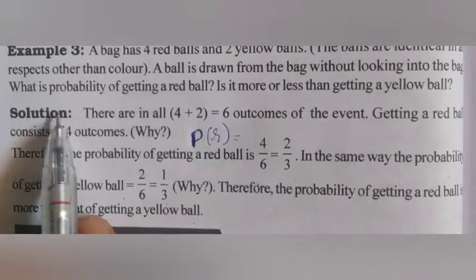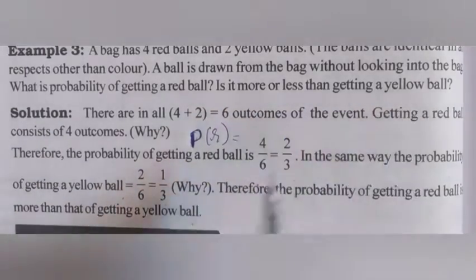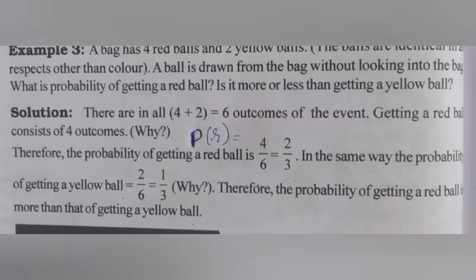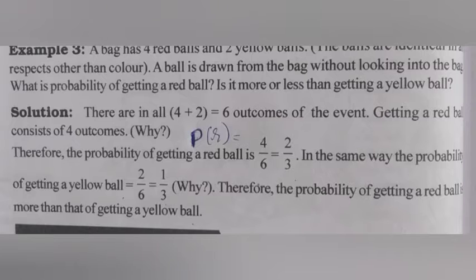Like this, the ratio of favorable outcomes to total outcomes gives the probability of a favorable event.